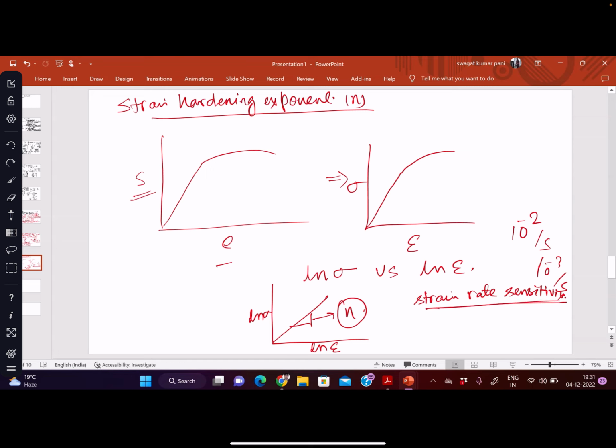First we get the true stress strain curve. Then we plot ln stress versus ln strain rate. That slope is m, your strain rate sensitivity.